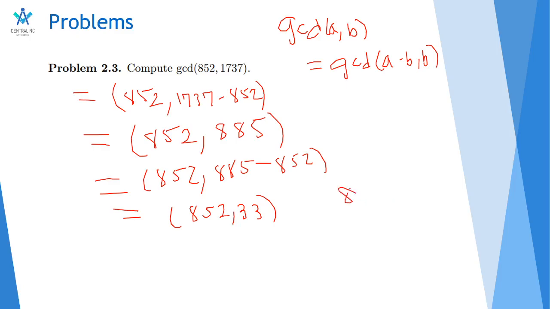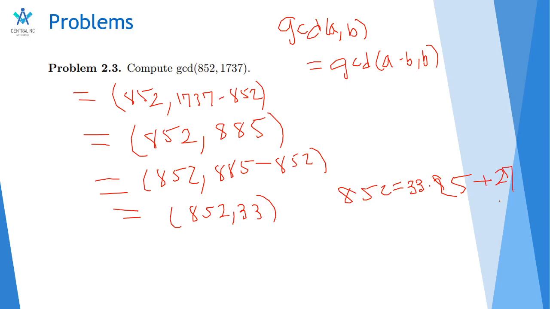I'm gonna write this out here. 852 is equal to 33 times 25. If you can't tell, I'm using a calculator. I don't want to mess up the arithmetic, so 33 times 25 is 825. So 852 minus 825 is 27.